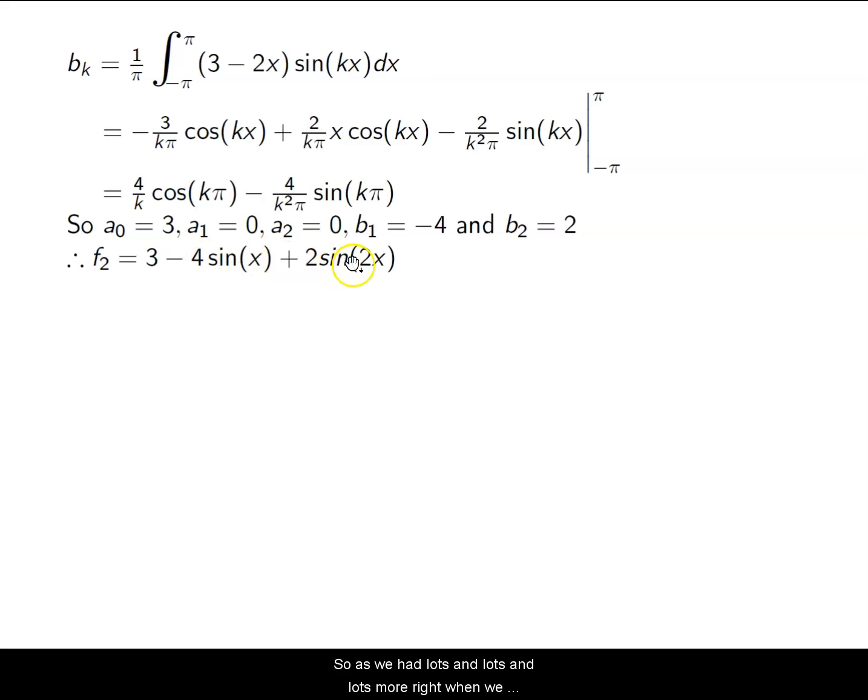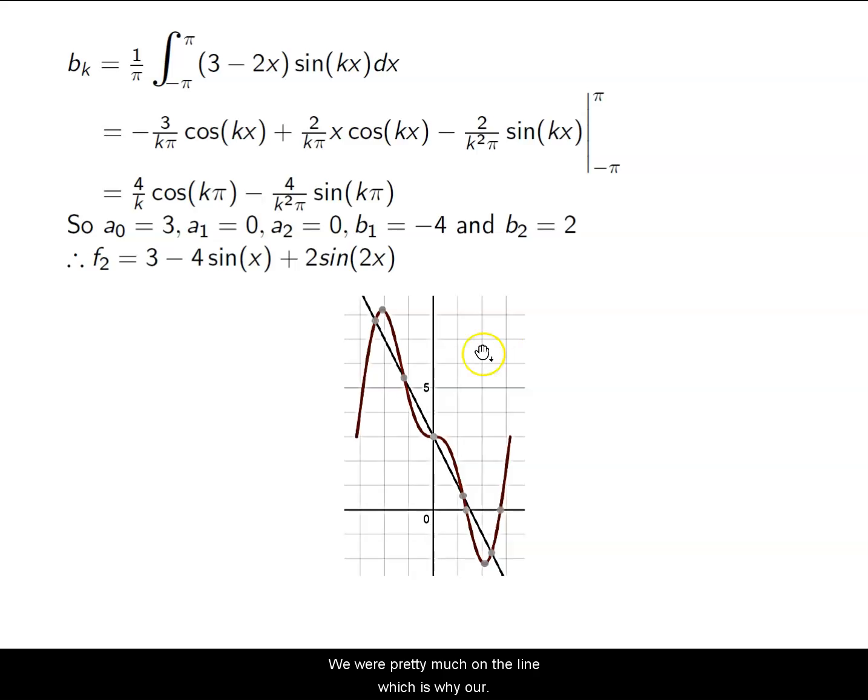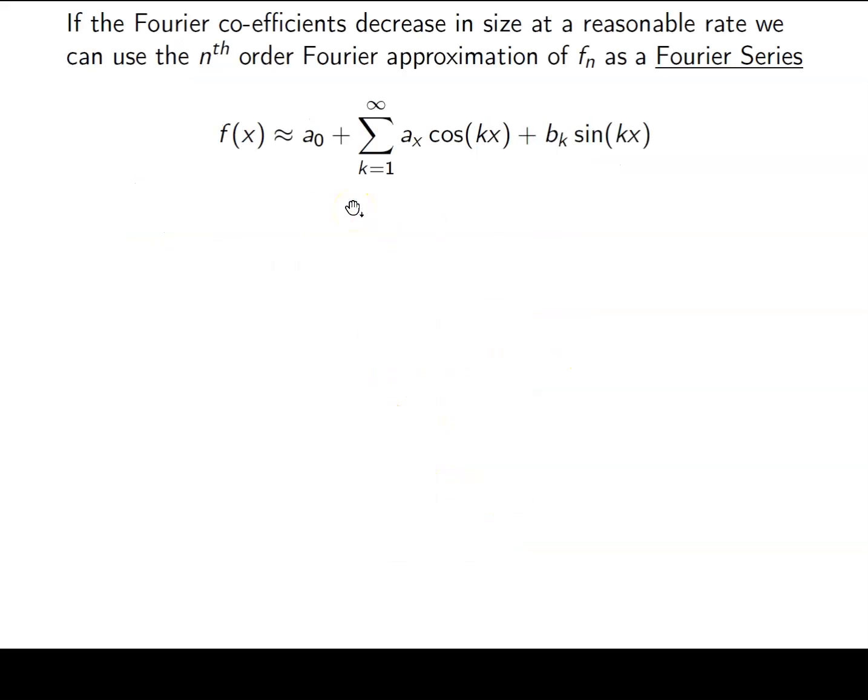As we added lots and lots more terms, when we got to the 30th term, we were pretty much on the line, which is why it says here that our function is approximately equal to this. Obviously, we went to 30, but if we go on forever and ever, it will equal our line, right? So we take that limit.